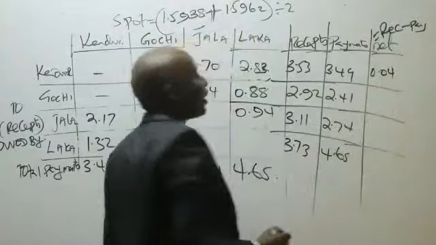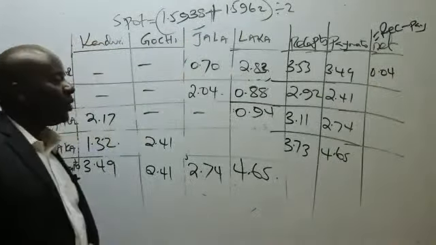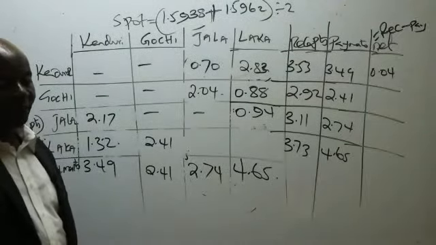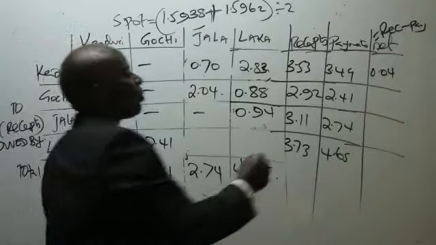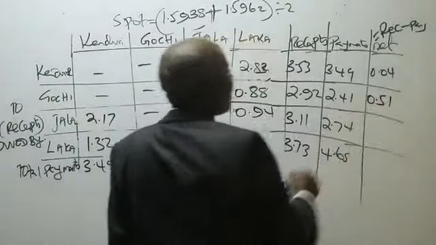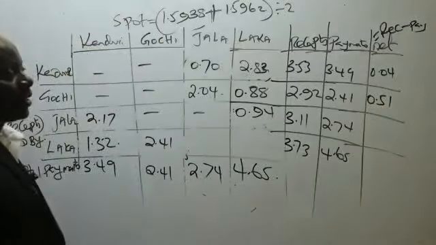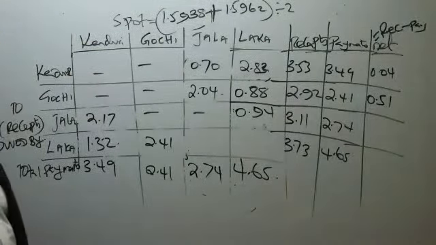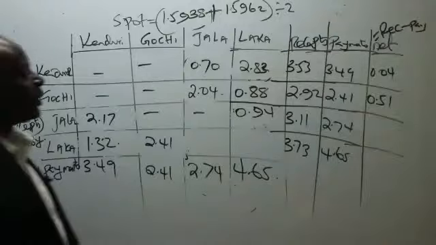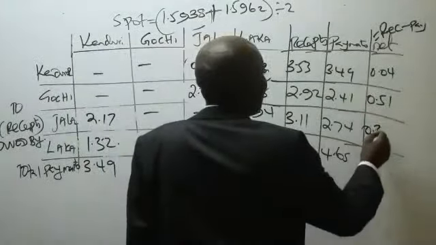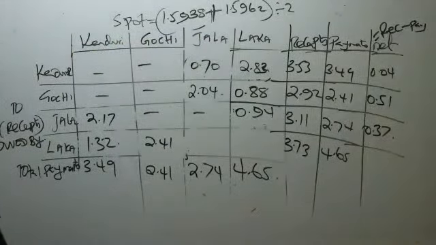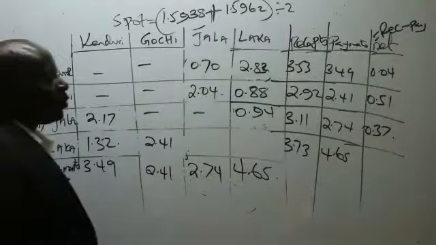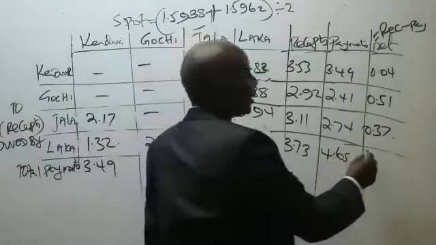Thank you very much Roba. The second one, J, how will it be? 0.51. Thank you. The third one, how will it be? 0.37. Thank you very much. Now how will the last one be? It is minus 0.92.